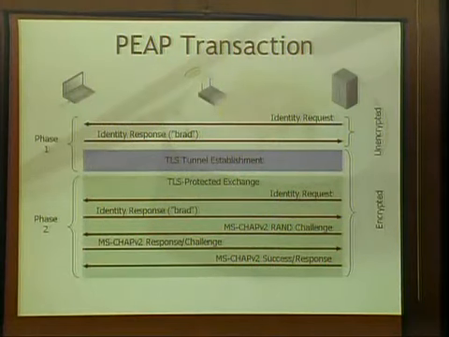To look more specifically at it, initially, before any of this happens, we have our standard 802.11 authentication and association request and response. Then the RADIUS server sends an EAP identity request, and the client sends an EAP identity response. The EAP identity response is sent in clear text, so depending on the supplicant and the RADIUS server, you may or may not see this in a packet capture.